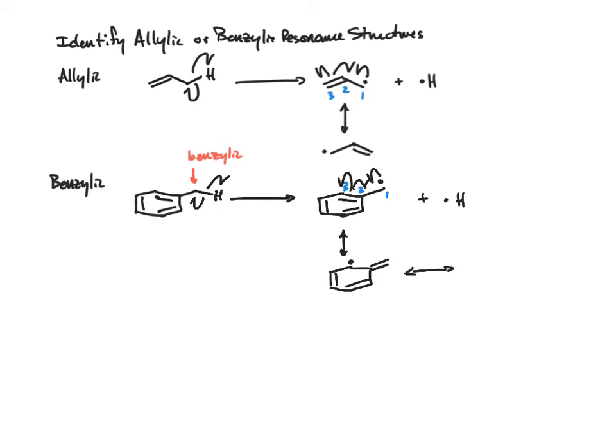So I'm going to go this way. So the benzene has 4 resonance hybrids that we can think of.